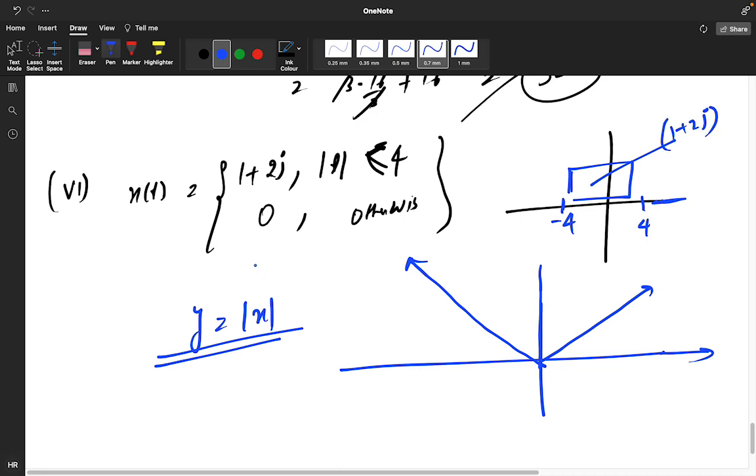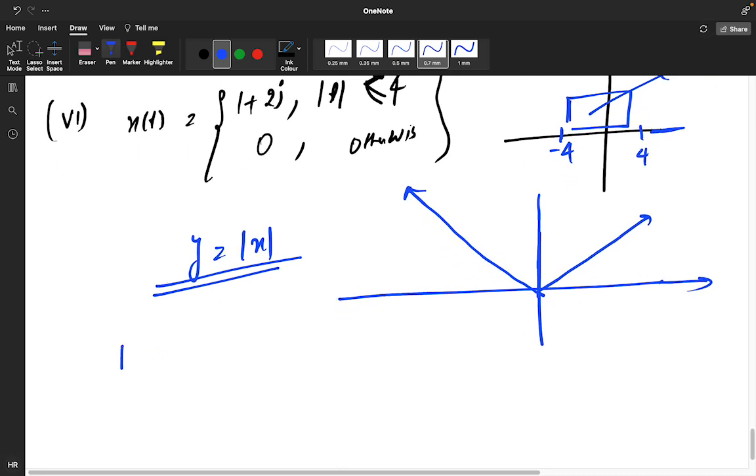For finding the energy, what will you do? Otherwise the value is given 0. So energy is nothing but the integral from minus infinity to infinity of x of t whole square dt. But from minus infinity to minus 4 the value will be 0, and from 4 to infinity the value will be 0.